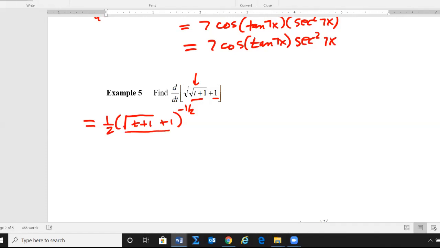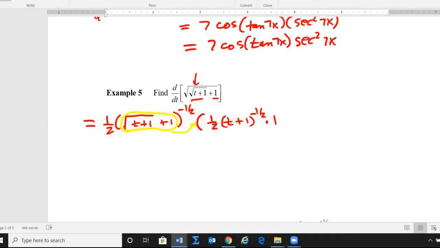Okay, now we need the derivative of this inside part here. Let me erase that. I don't want you to think this is a fraction. It's not. We need the derivative of that inside part in here now, this part. That's got to go out here. So let's go ahead and do that. Derivative of that inside part, you will have a 1/2 t plus 1 to the negative half times a 1.